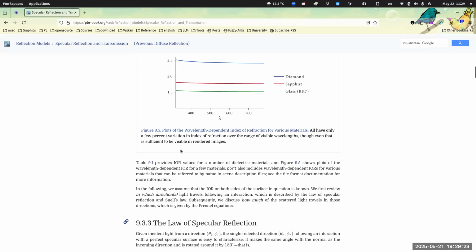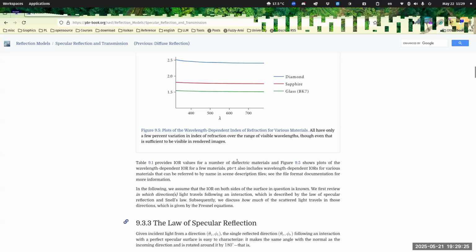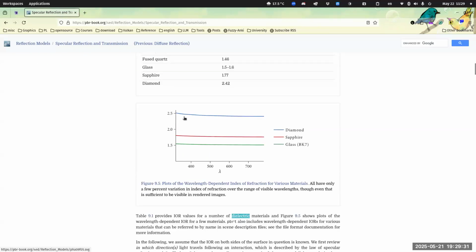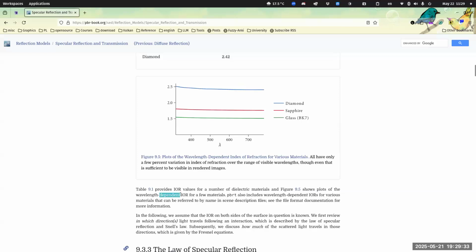So 9.1 provides IOR values for a number of dielectric materials, and also wavelength-dependent IOR for a few materials that seem to be different across the wavelengths.